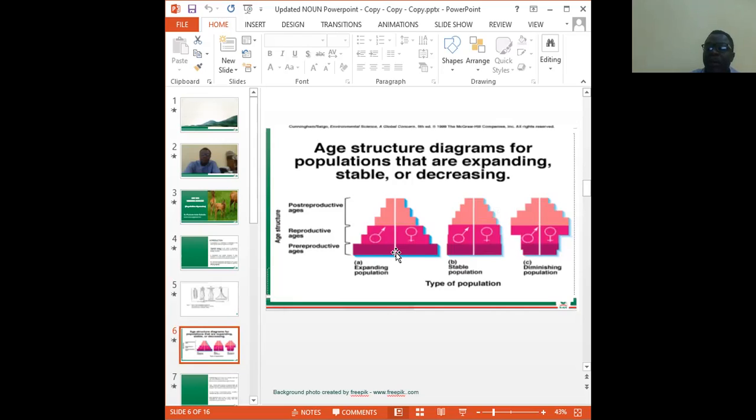Stable is where the pre-reproductive and the reproductive are the same, as compared to post-reproductive. Whereas in diminishing, we have fewer pre-reproductive and reproductive ages as compared to post-reproductive. So we have more of the post-reproductive age group in a diminishing population.